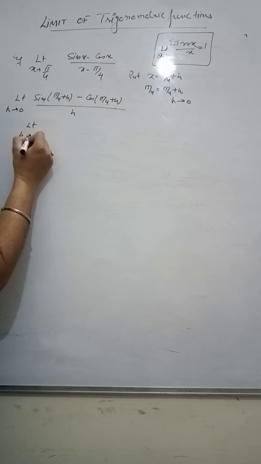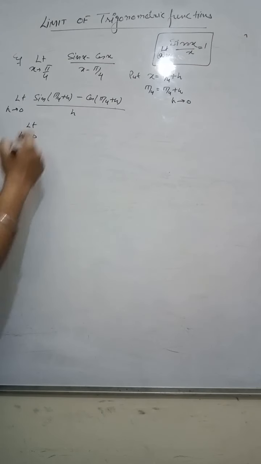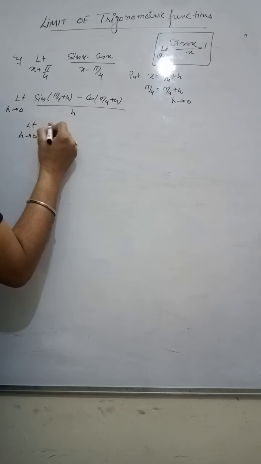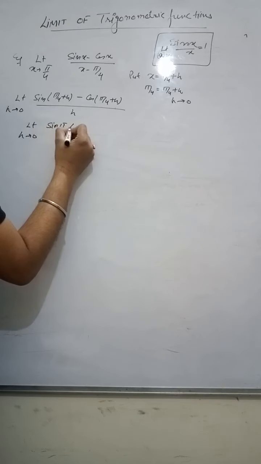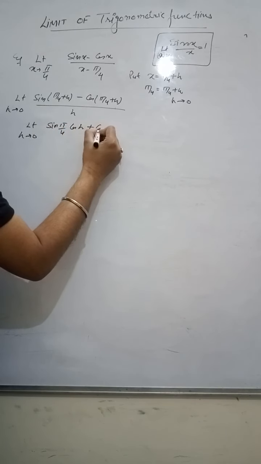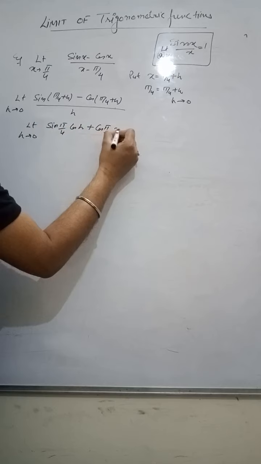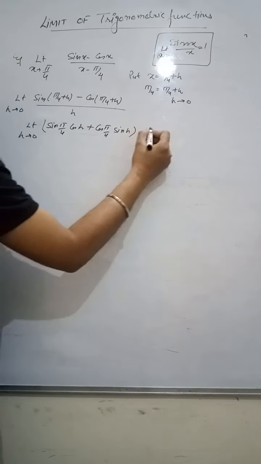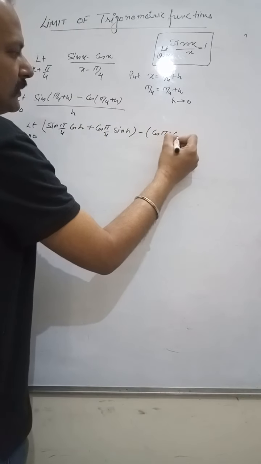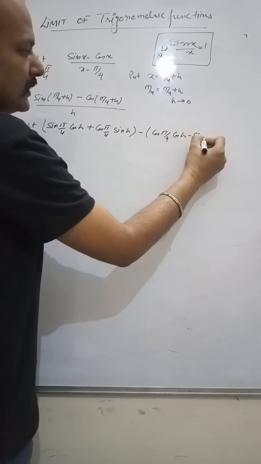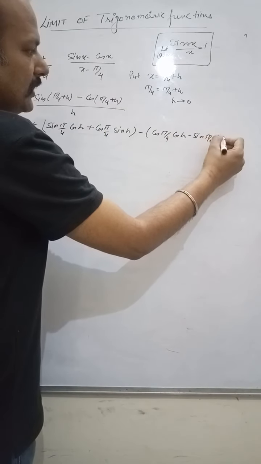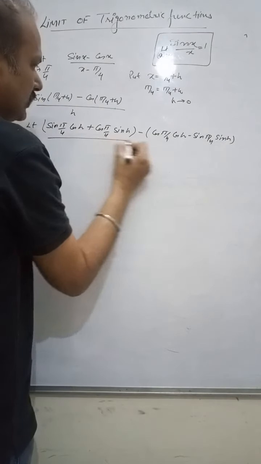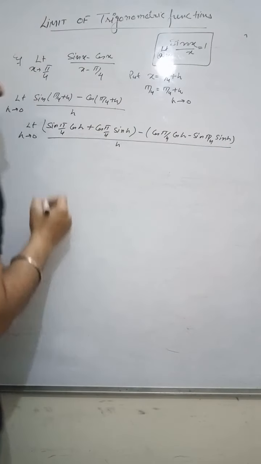That will make the problem very easy. Now, sin a plus b is sin a cos b plus cos a sin b. What is cos a plus b? This is cos a cos b minus sin a sin b, over h.